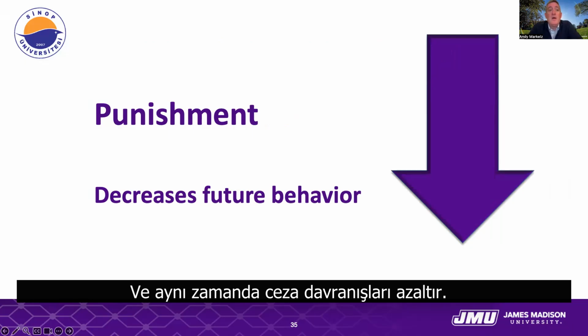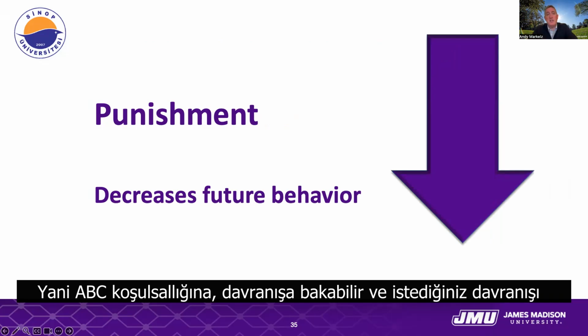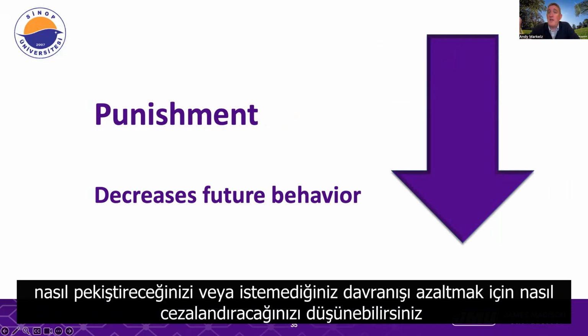And at the same time, punishment decreases behaviors. So you can look at the ABC contingency of the behavior and either think about how do you reinforce the behavior you want, or punish to reduce the behavior that you don't want.